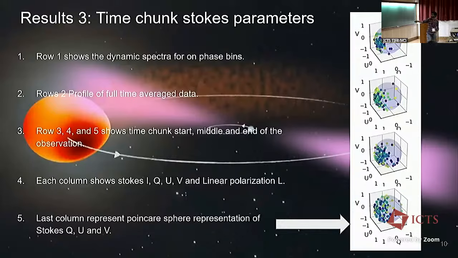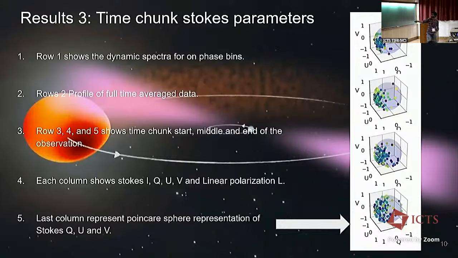The green dots are the correlation between the spectra of U and I. The others are relatively stable compared to U, but U has a significant change in the spectra, and we believe that's because of the magnetized plasma ejected from the companion along the orbital phase.